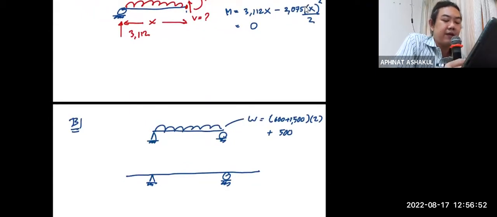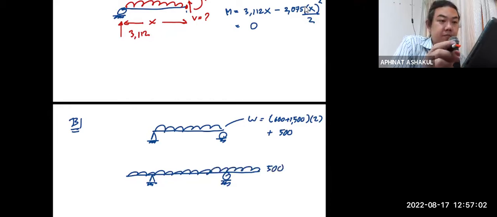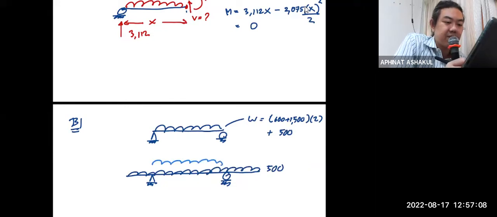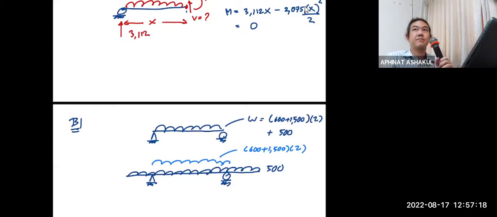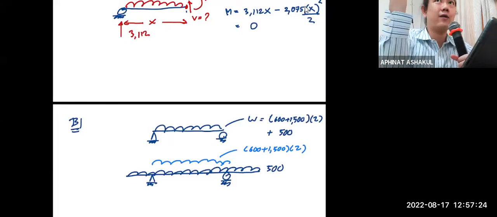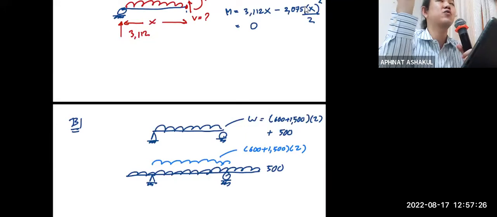But for any other B1 with a cantilever portion, you will have this 500 as a self weight throughout the beam. And then this is 600 plus 1500 multiplied by 2. Be careful. It's not difficult at all. You just need to be thorough and careful.